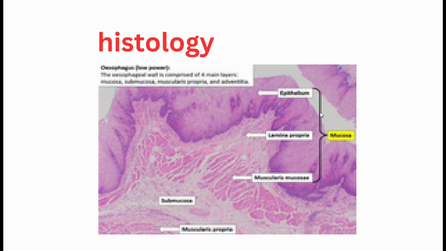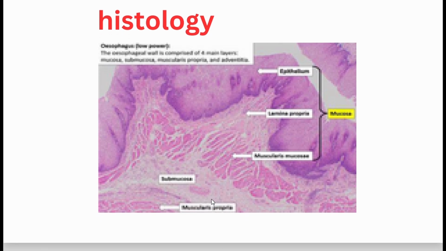In the mucosa, we have epithelium, lamina propria, and muscularis mucosa. Below that is the submucosa, and below the submucosa we have the muscularis propria, and below it the serosa or adventitia. The most important point to remember is that submucosa is absent in the gallbladder.